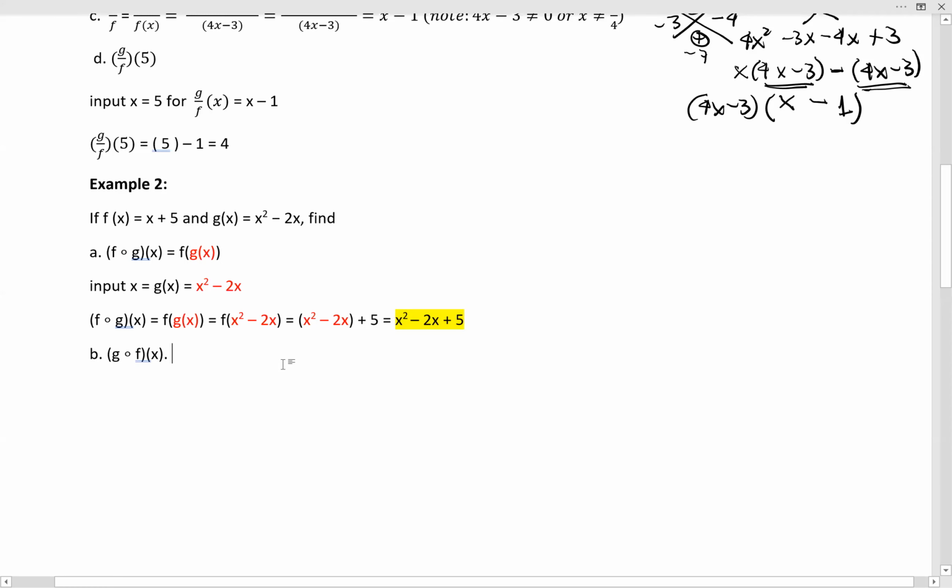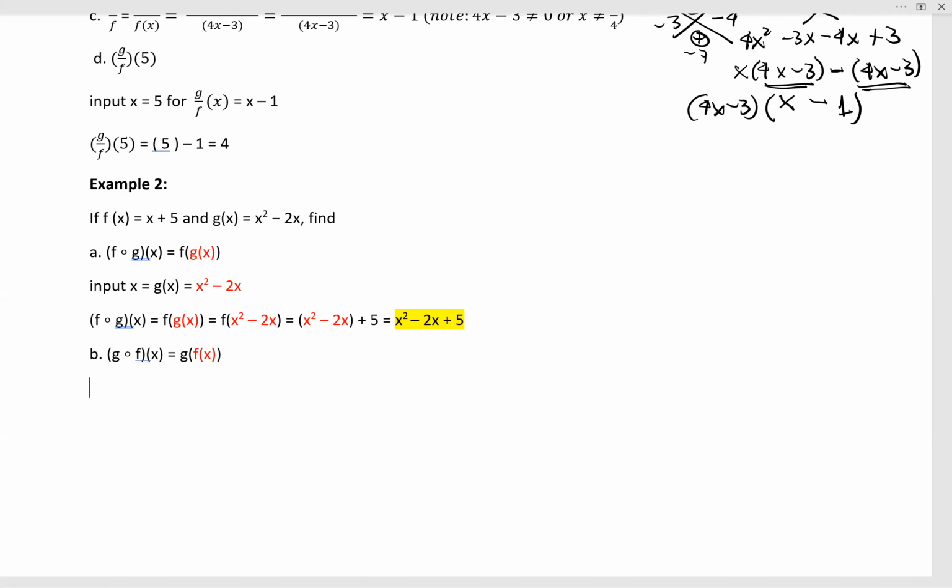Okay, now come to part B. Here f is the second one. So in here it means g of f of x. Now f of x becomes the input, and the output is going to be g of f of x.